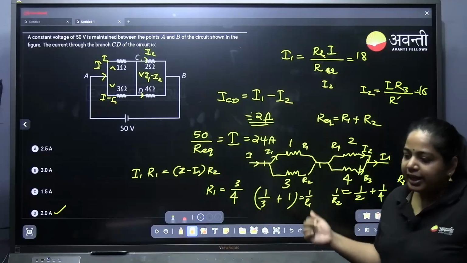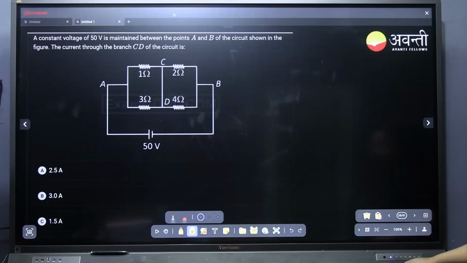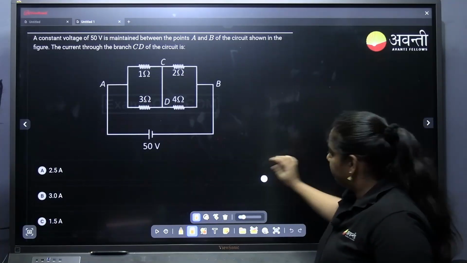If you are still doing calculation, I guess we can move on because we don't have much time. The answer is 2 ampere.